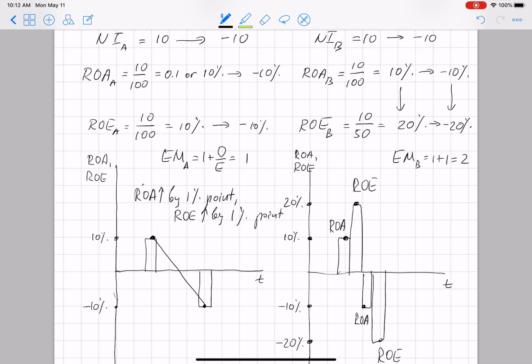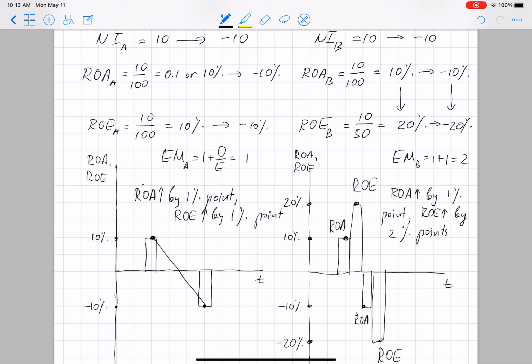So there is no magnification, there is no leverage. On the other hand, for firm B, if ROA goes up by 1 percentage point, ROE will go up by 2 percentage points. And that's where the leverage comes into play.